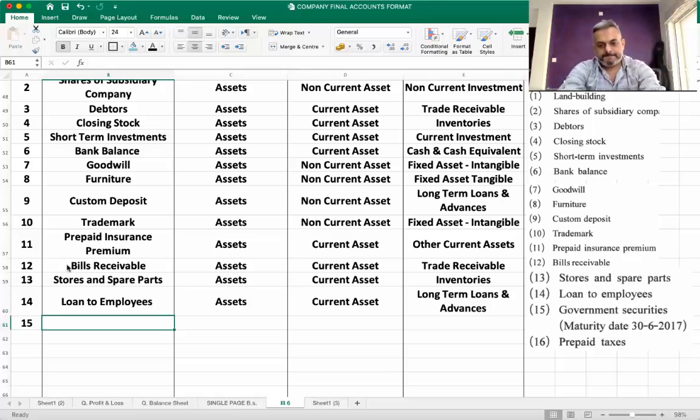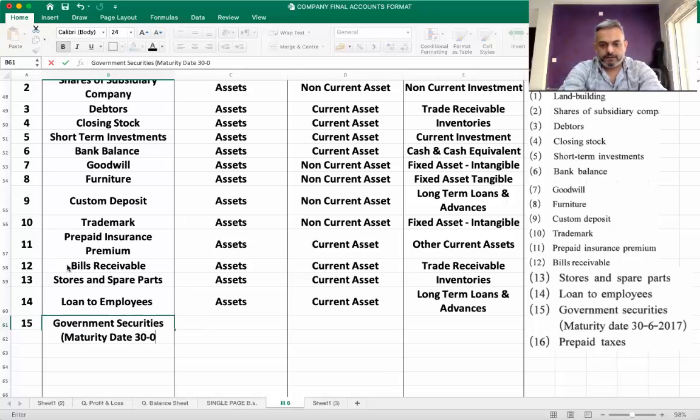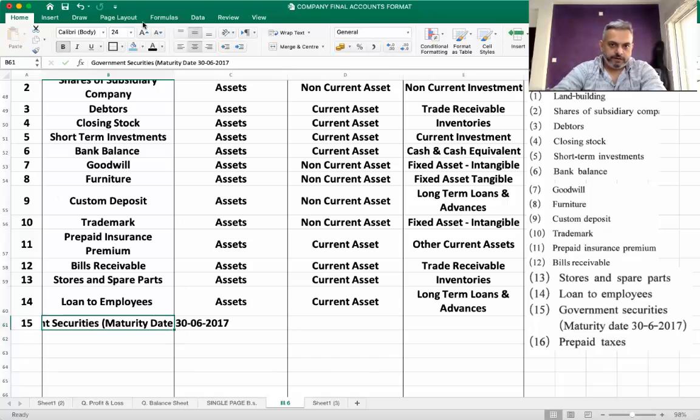15 is important. Government securities. Now maturity date is given, so I'm writing it. 30-06-2017. So your date is given.